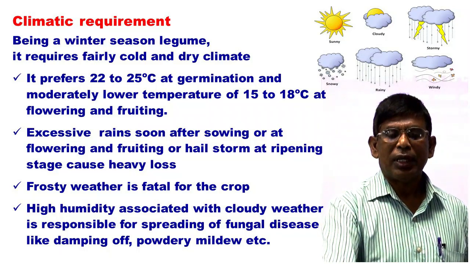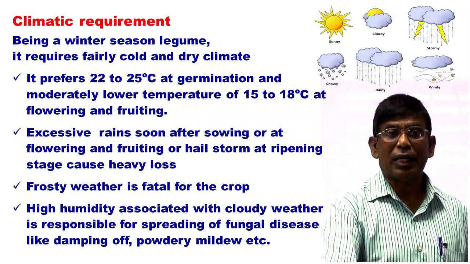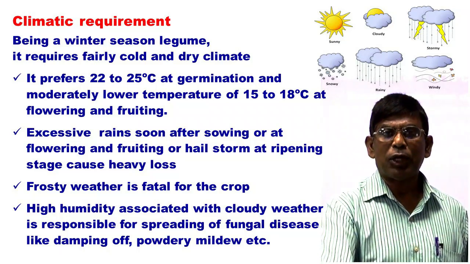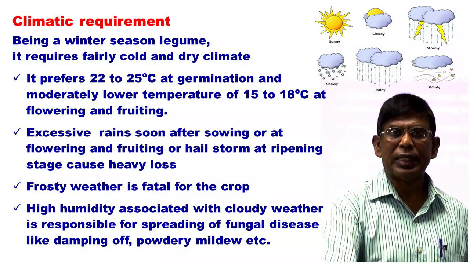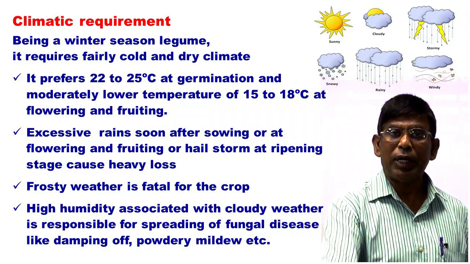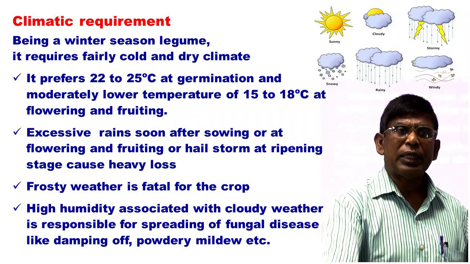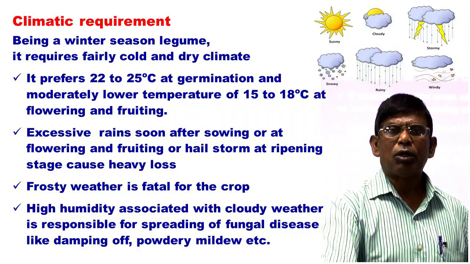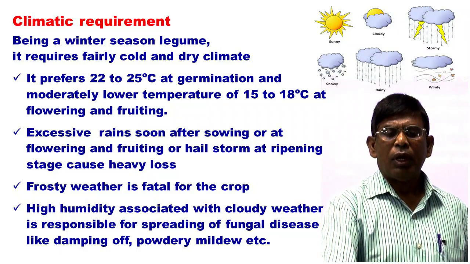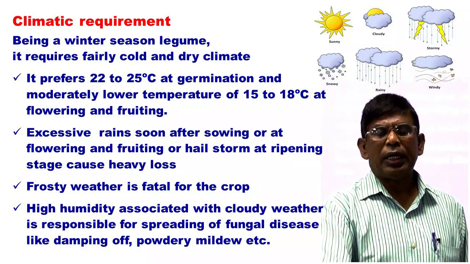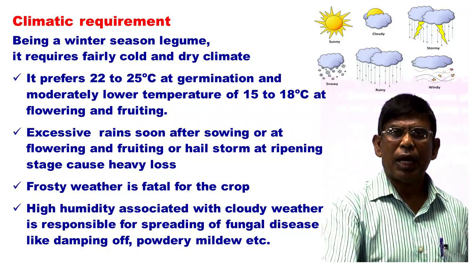It prefers 22 to 25 degrees centigrade at germination and a moderately lower temperature of 15 to 18 degrees Celsius at flowering as well as fruiting. Being a leguminous crop, it cannot withstand excess waterlogging. So you have to take care especially during the time of sowing as well as flowering and fruiting.